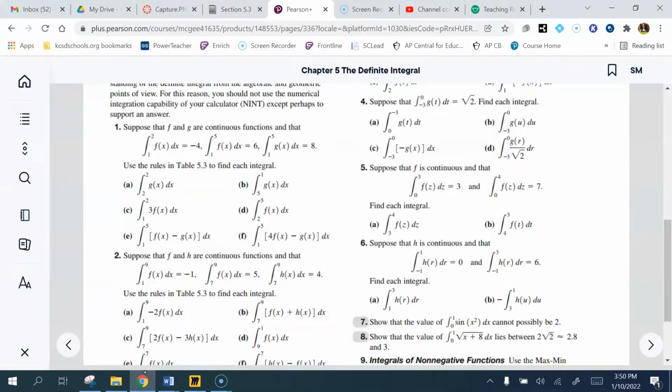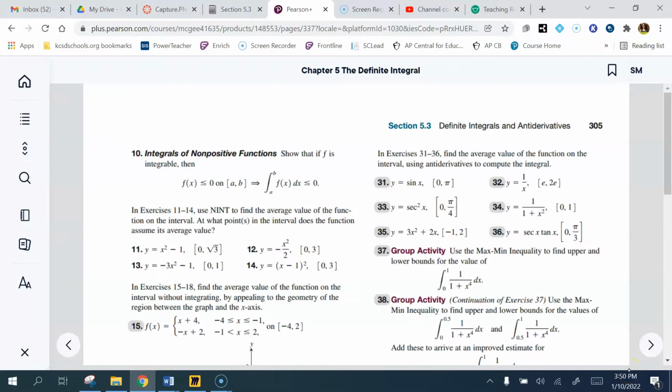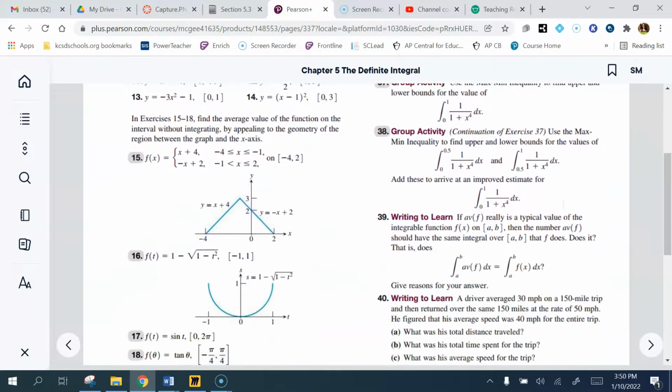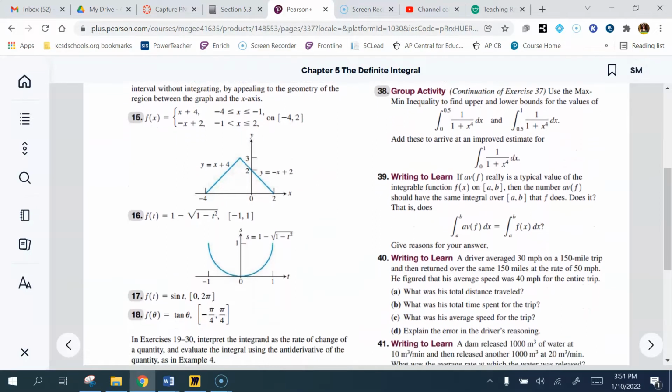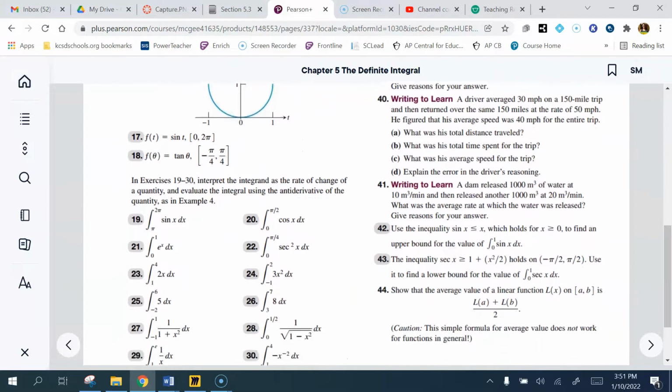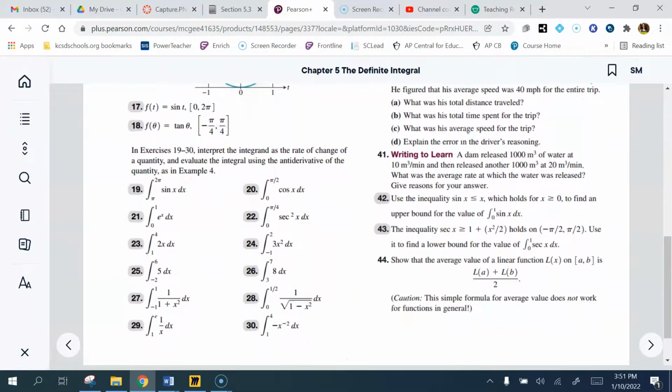Let's see some examples here of some evaluation. Maybe I can do another one with you. All right, so this is going to be like 19 through 30 is what we're going to do.